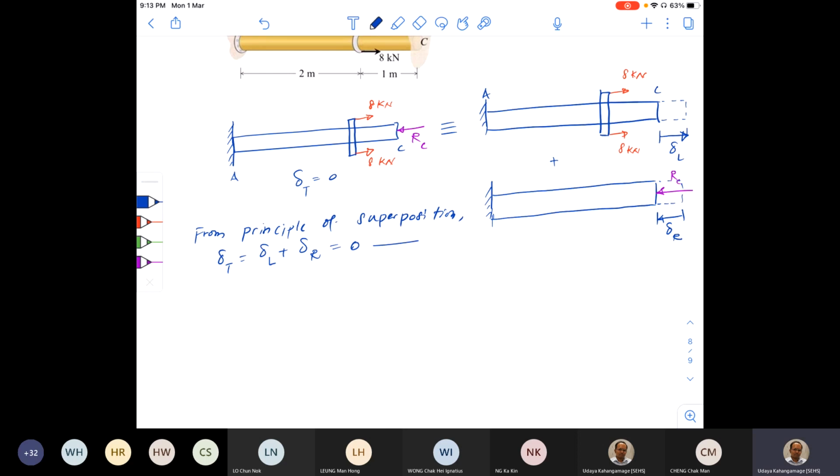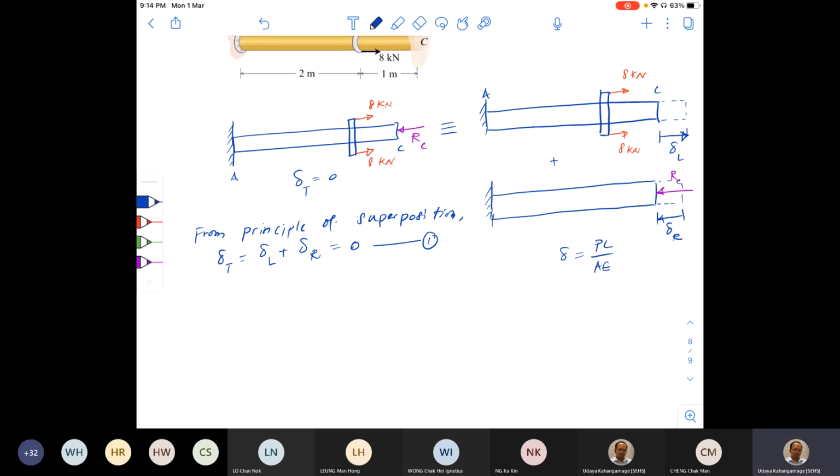And this will give me one important equation to solve this problem. So if I want to find out delta L and delta R, what do you have to use? You can use the equation for elongation, PL over AE. I can use this equation.